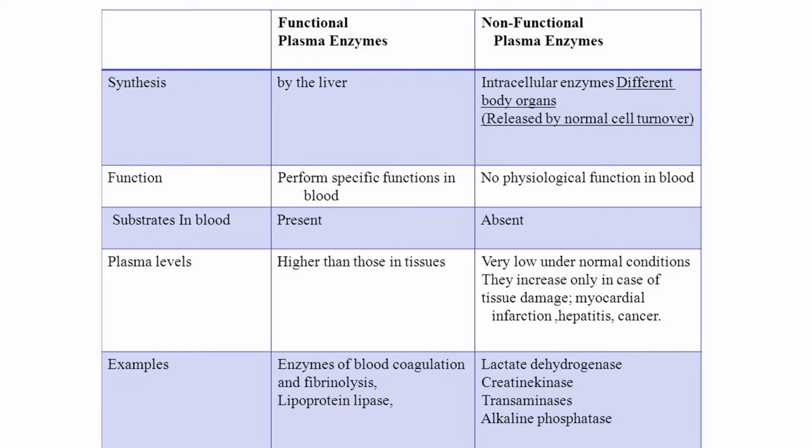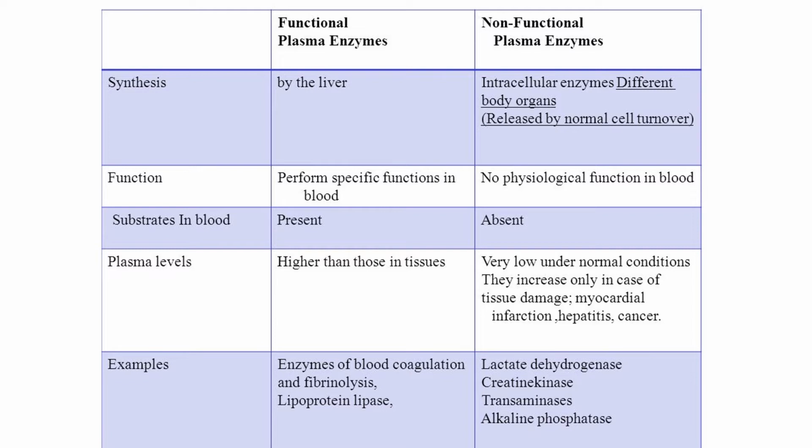Whereas non-functional plasma enzymes are synthesized by various tissues or organs, and they are released in the plasma when that cell or tissue undergoes apoptosis, that is the normal cell turnover. Now these plasma enzymes have a specific function in the blood or plasma, but these non-functional enzymes, which are released from different cells or tissues at various times into the plasma, have no function as such in the plasma.